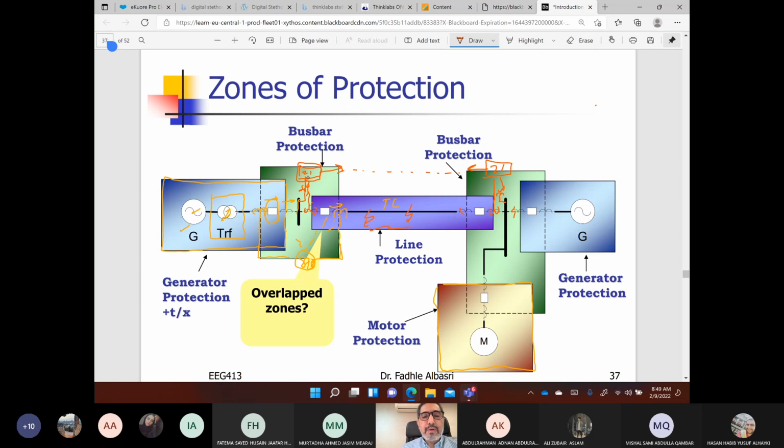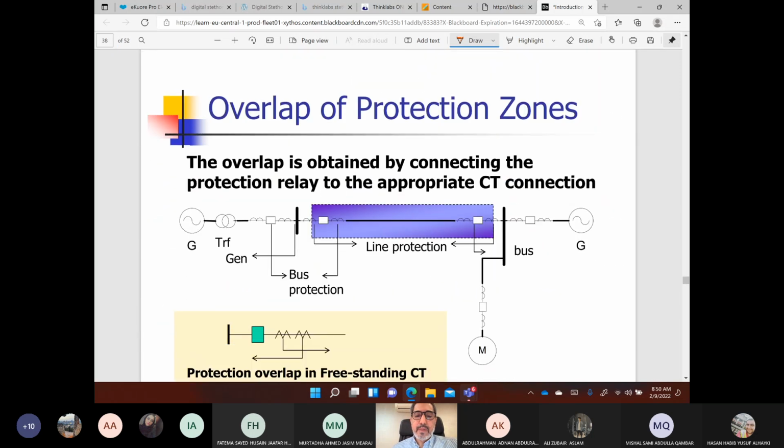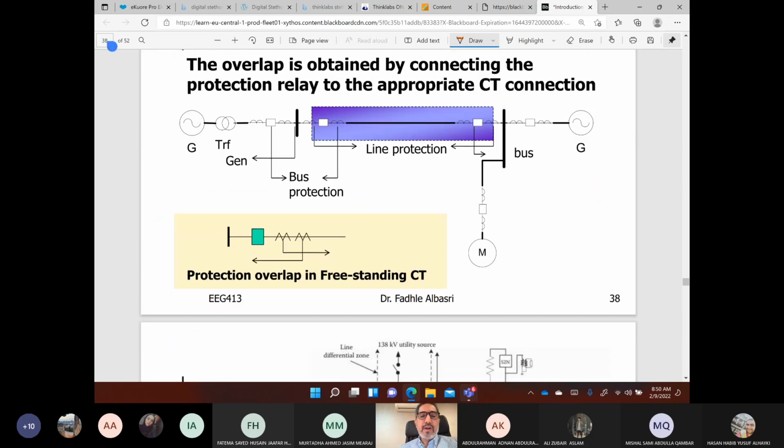So these two relays are part of the protection scheme or system dedicated to protect this line. Okay, so this is its zone of protection. And similarly, I can give you as many other examples. And this is how we achieve the overlap.